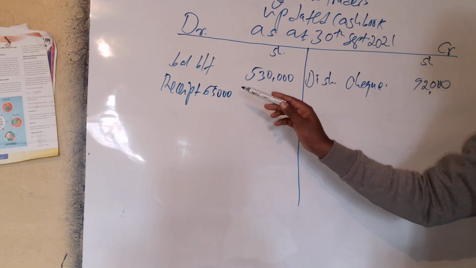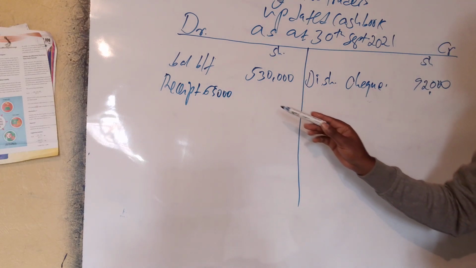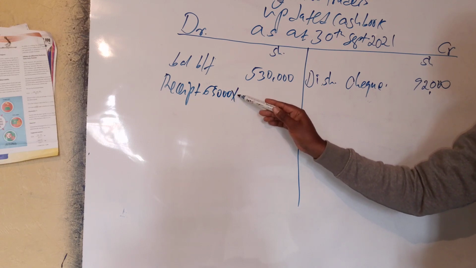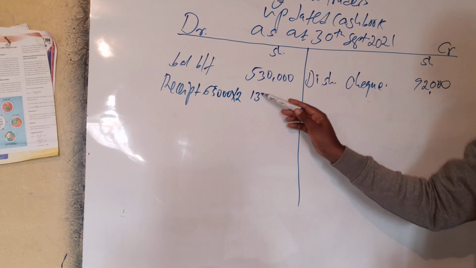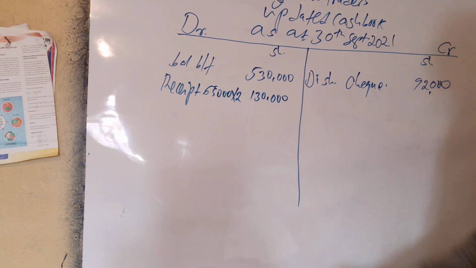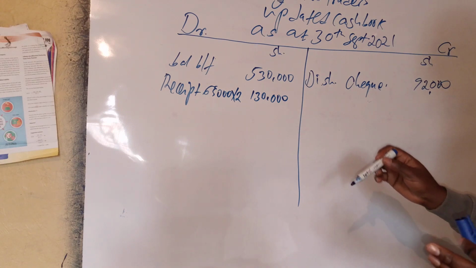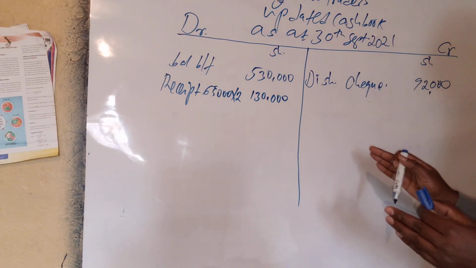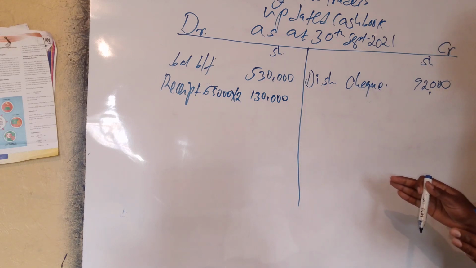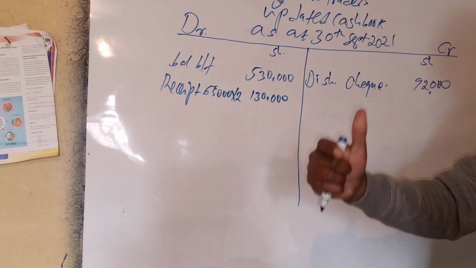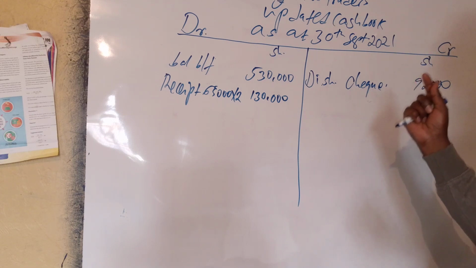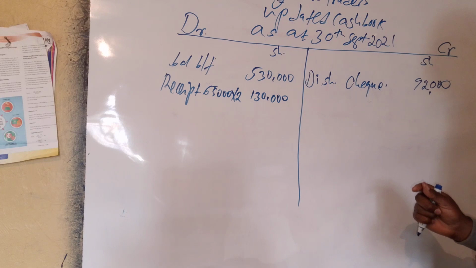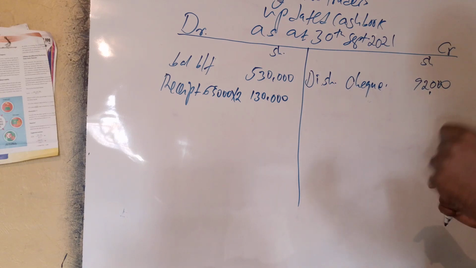Since they had already recorded this amount on the wrong side of the account, we are supposed to double the amount, and then we record that figure there. So anytime a transaction is recorded on the wrong side of the correct account, to correct that error you record that transaction on the opposite side and you double the amount.